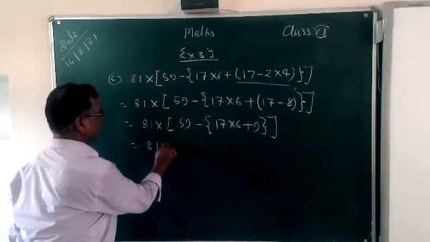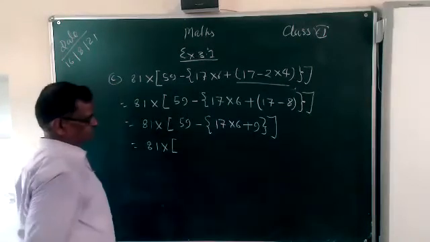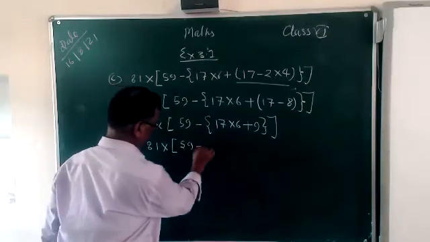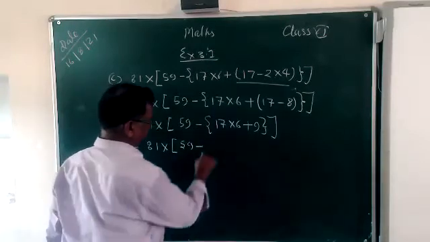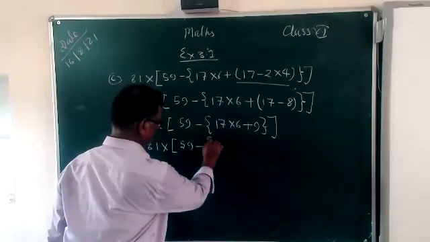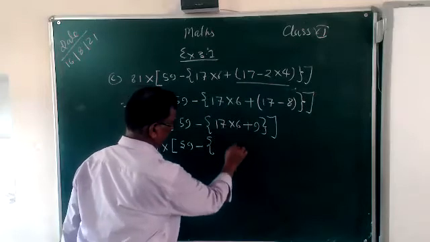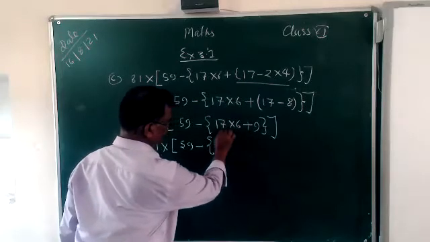That is 81 into 59 minus, in curly bracket multiply this. This is just 102.